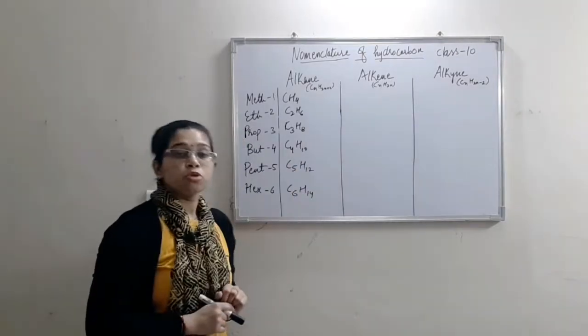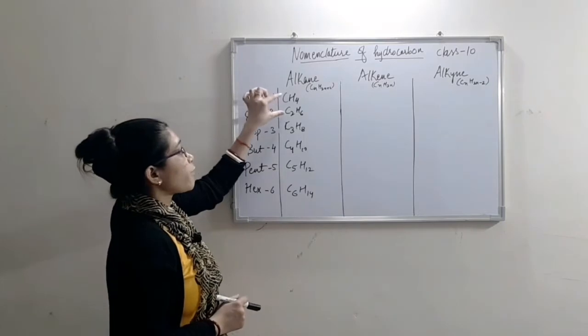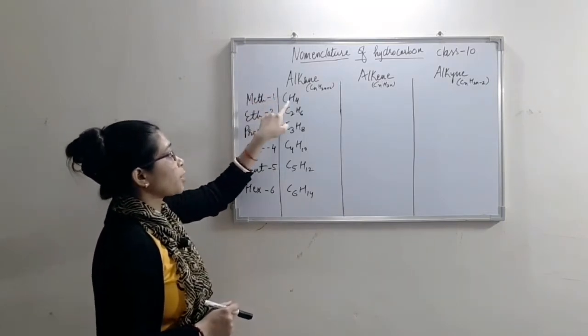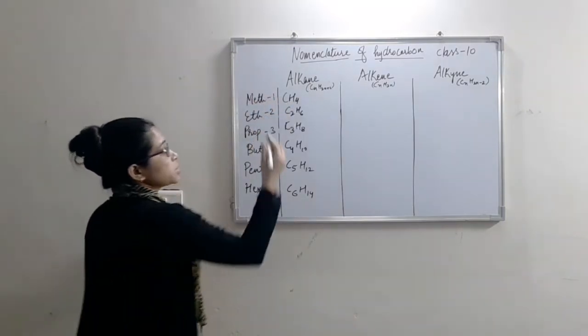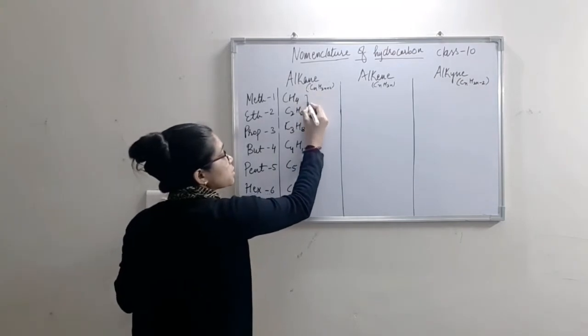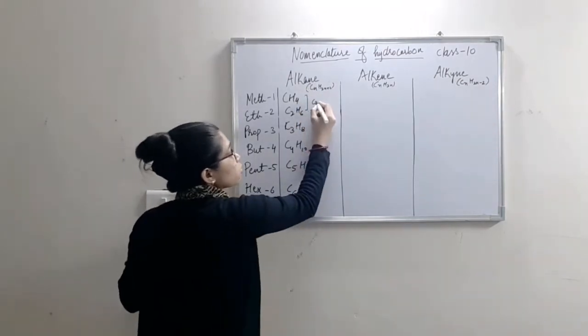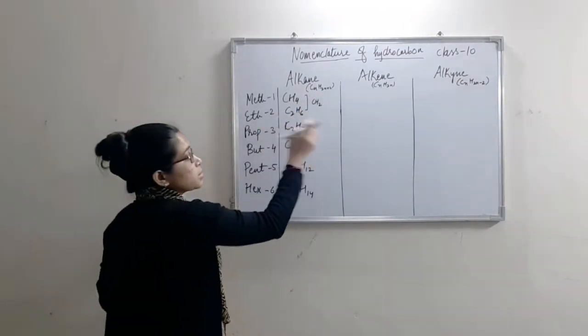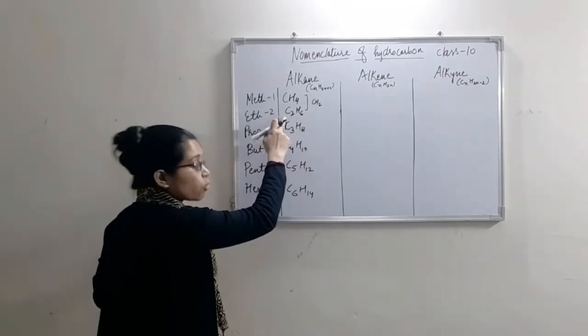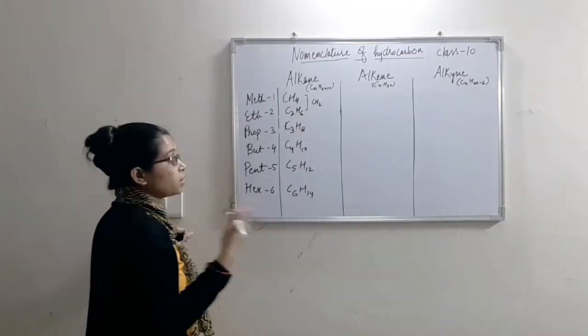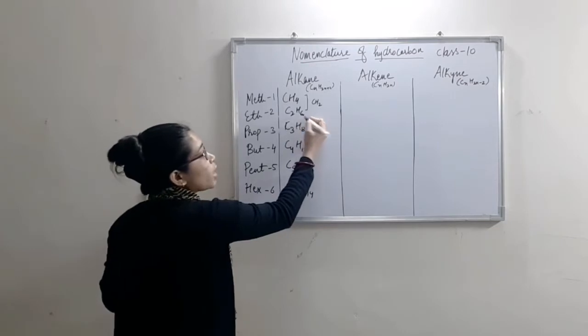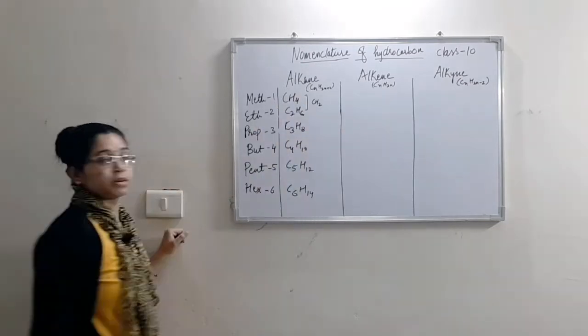Now what is a homologous series? If you find the difference of carbon and hydrogen atoms in both of these adjacent compounds, you will find a difference of CH2. That means this ethane compound has one more carbon than methane and two more hydrogens than methane, right?